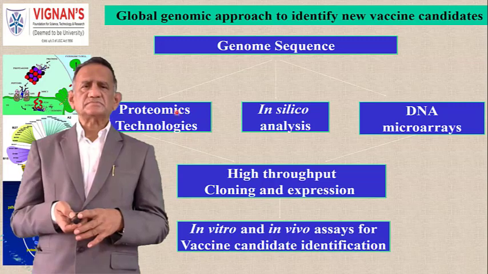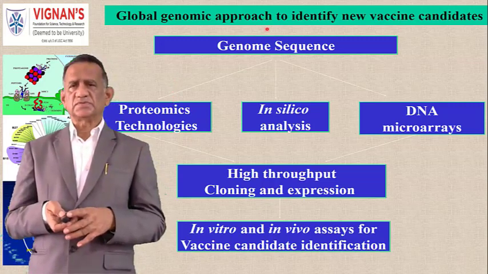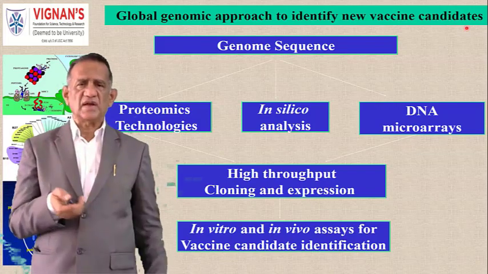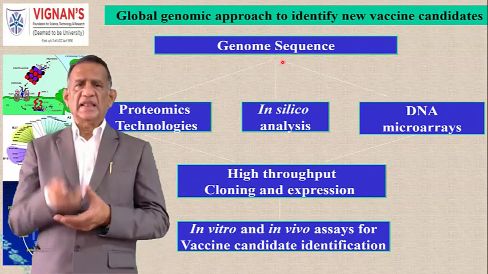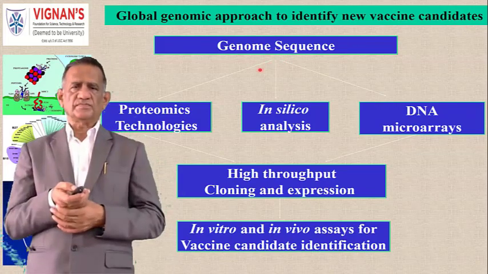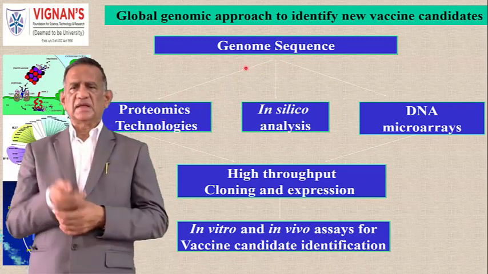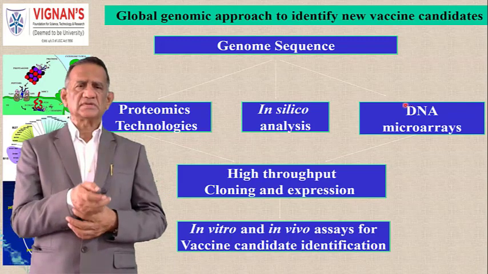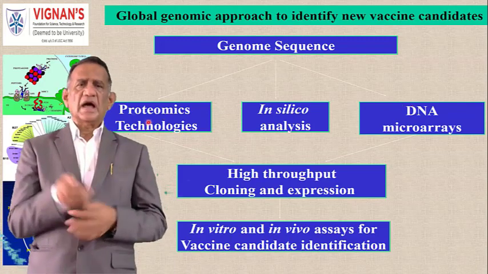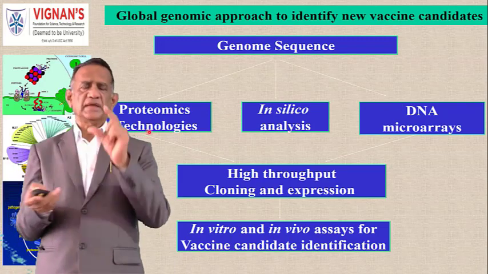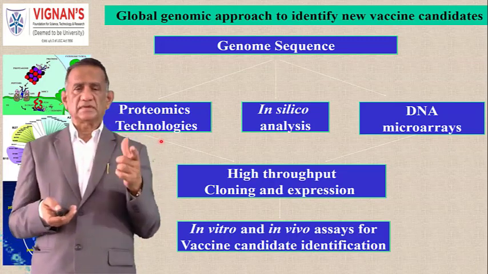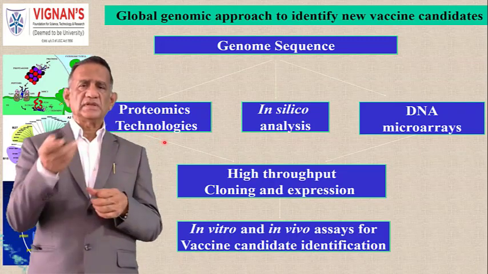So now, a global genomic approach to identify new vaccine candidates. As we have been telling, reverse vaccinology uses genome sequences, later protein technologies, in silico analysis, and DNA microarrays. Here, basically, proteomics technologies and how to synthesize a protein from the oligonucleotide sequence that we cloned in the plasmid, the expression vector, through in silico analysis.